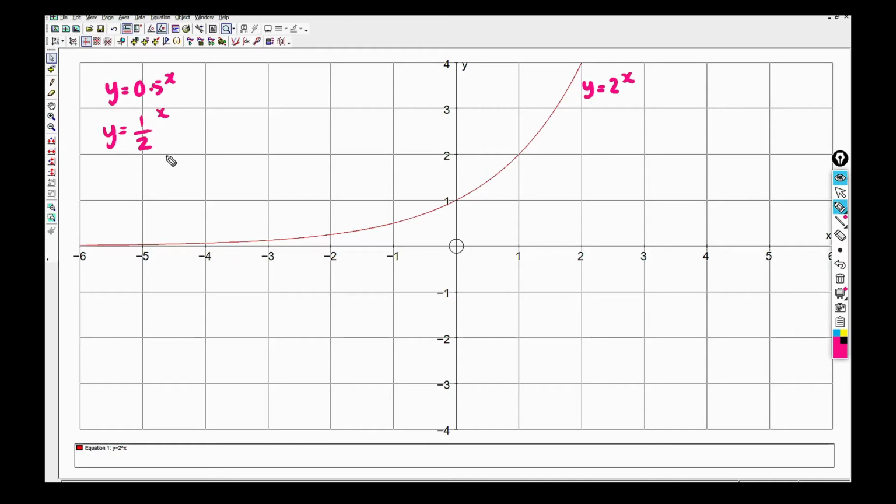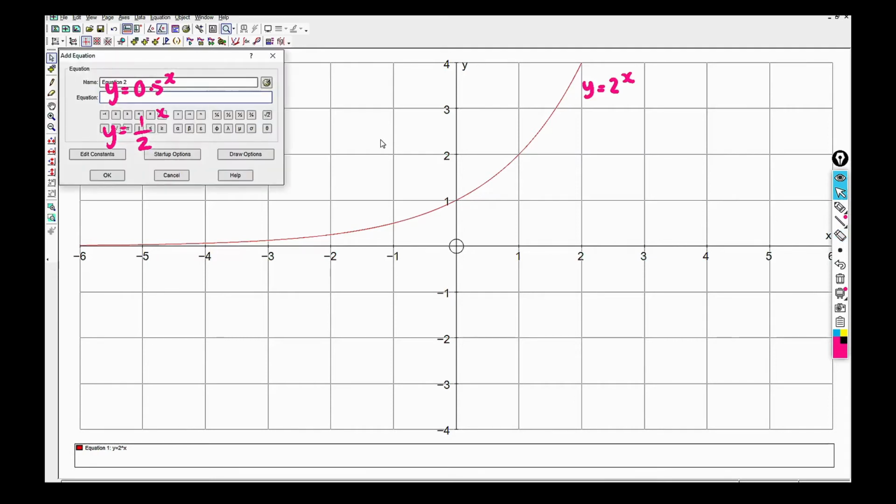So you'd think that, as we've talked about, as the base number increases, it tends towards this direction. So your common sense is thinking, well, as the base gets smaller, it's going to head in this direction. But let's actually have a look at what it does.